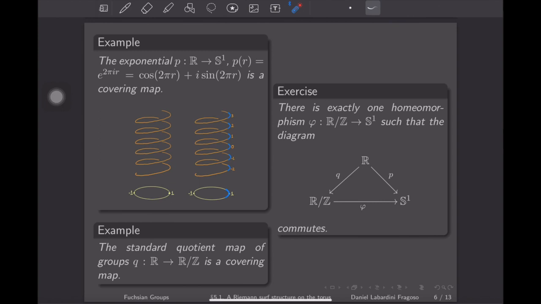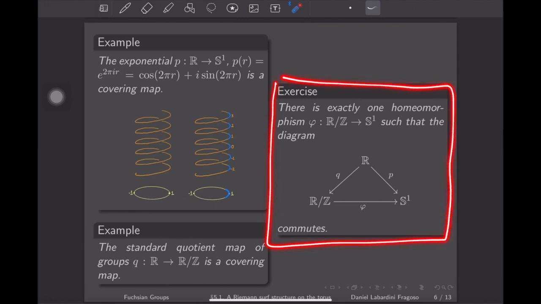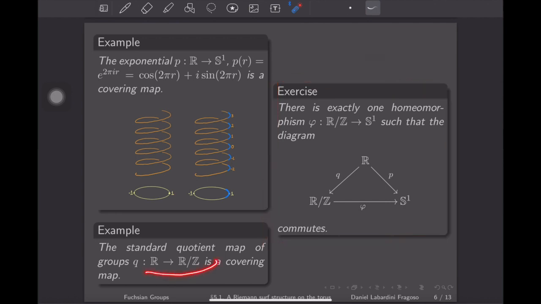And then the next exercise asks you to prove that this covering map and this covering map are essentially the same.